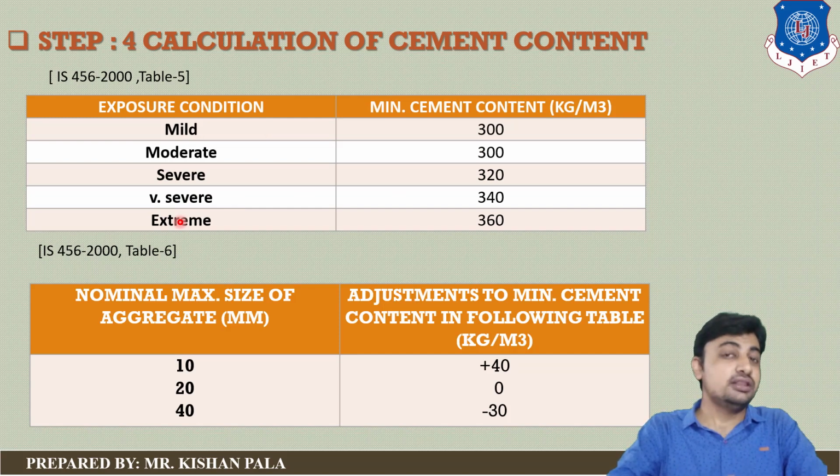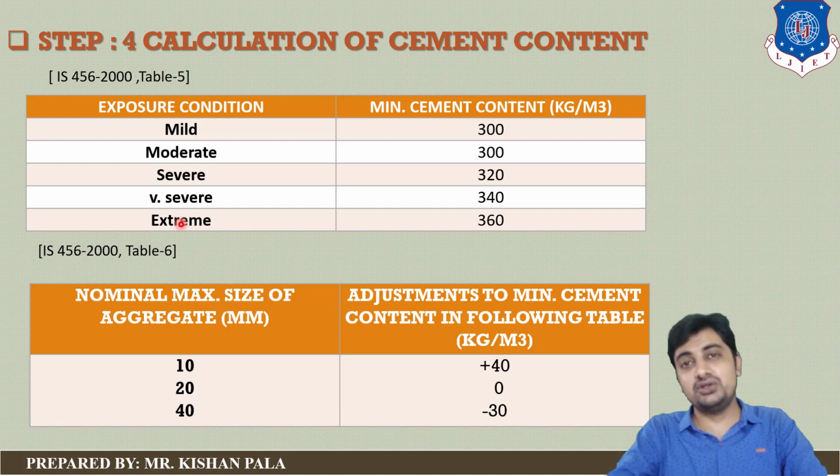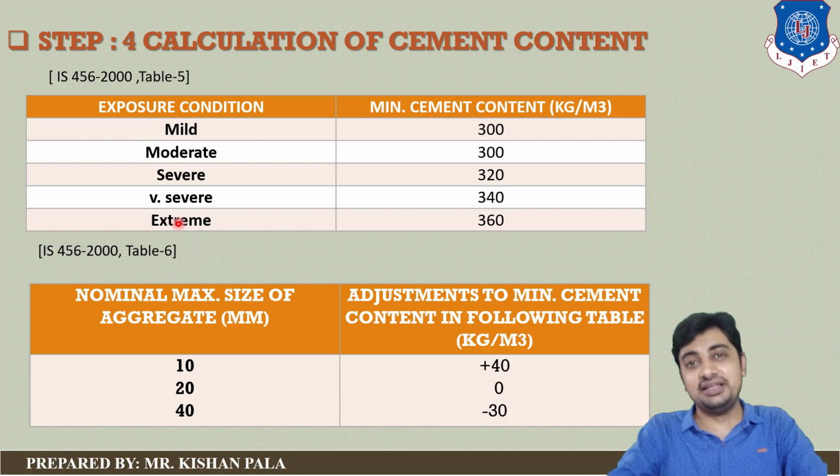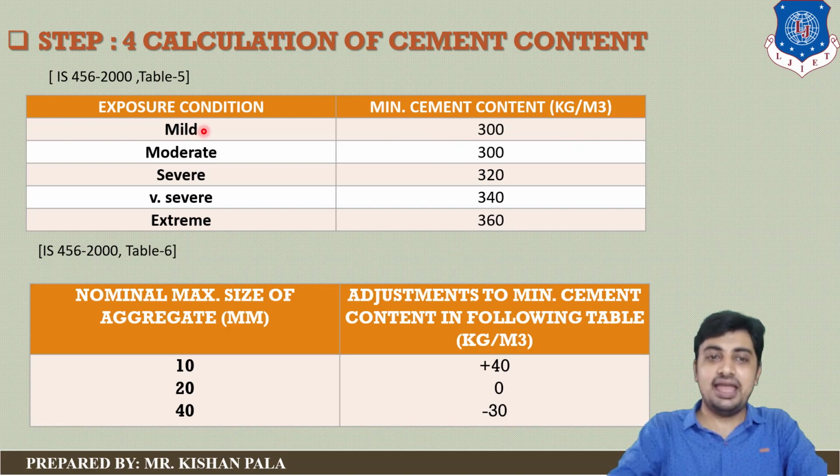If you are using the 10 nominal maximum size of the aggregate, or if you are using the 40 nominal maximum size of the aggregate, you have to correct these values. For example, we are doing the concreting in the mild exposure condition, so 300 kilogram per meter cube is required.